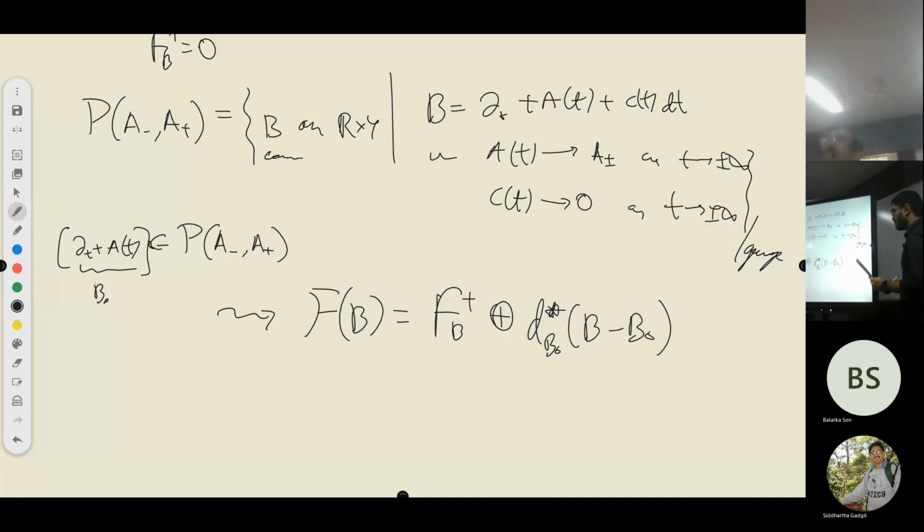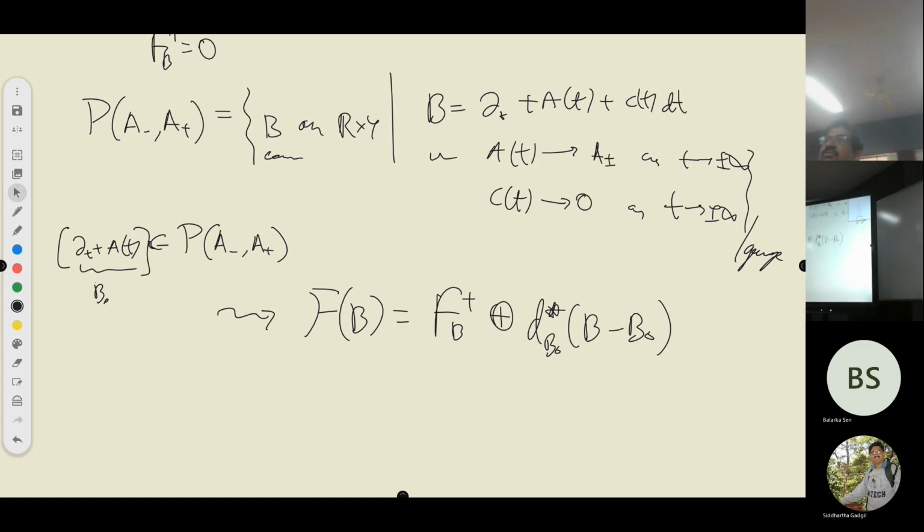This thing will turn out to be elliptic, but that's not good enough to ensure Fredholmness of our operator F. What I mean is the linearization of this equation is going to be an elliptic differential operator, but with the right boundary conditions, which is basically just this, it will turn out to be Fredholm. So let me say a little bit about that.